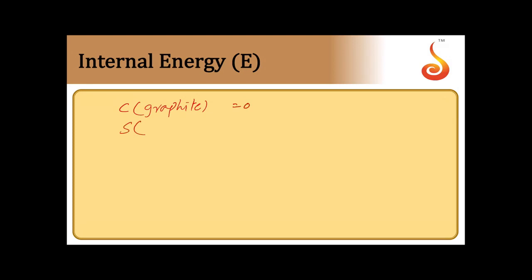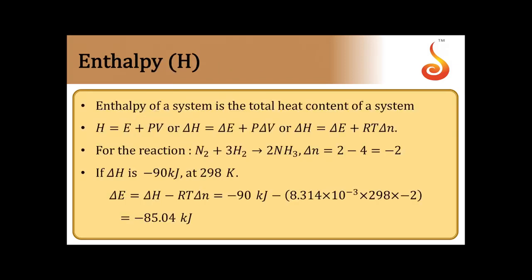If you take sulfur in rhombic state, energy is taken as zero. If you take bromine in liquid state, its energy is taken as zero. Like that, the internal energy is taken as zero for the elements in their standard states.